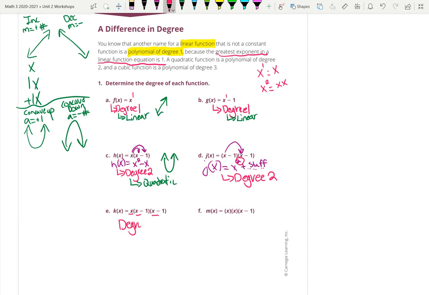This is going to be a degree 3. Why? m of x is equal to, if I distribute one of the x's into my expression, it would result in x squared minus 1x. If I distribute the other x in, it would turn into x cubed minus 1x squared. I can clean it up and just write x cubed minus x squared. Notice how it's degree 3.